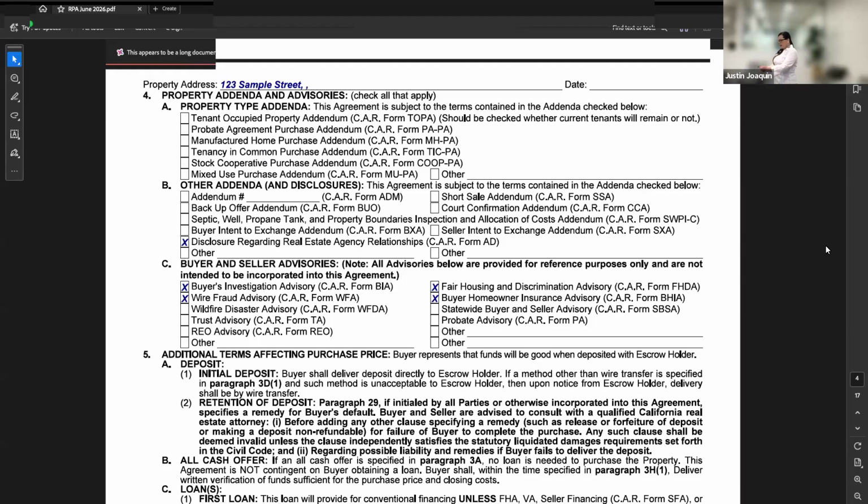In other words, if I want more information regarding 3C in the grid, expiration of offer, I'm going to go to paragraph 32A. So the grid also tells us which paragraph that specific term applies to. That's what we cover in sessions 2, 3, and 4: those paragraphs that were referenced in the grid.